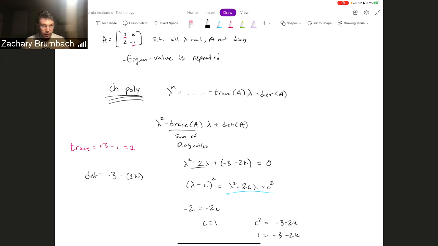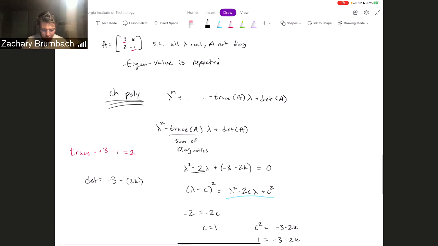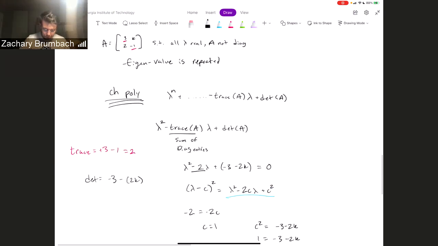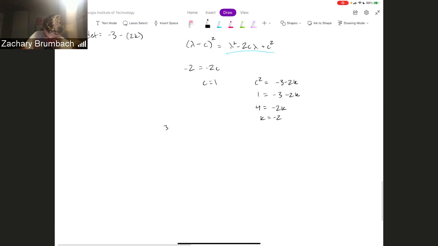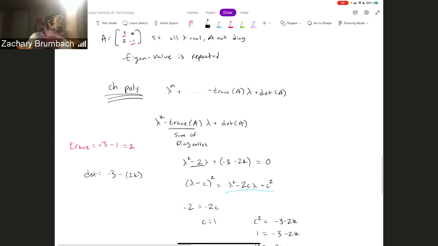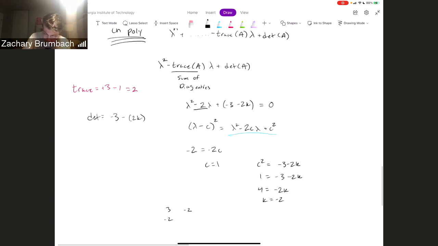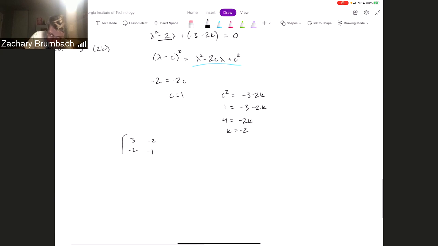And then from here, you'd find the eigenvectors, and you'll find that you're only going to have one free variable. So let's write 3, -2, -2, -1. Okay, this is our complete A.